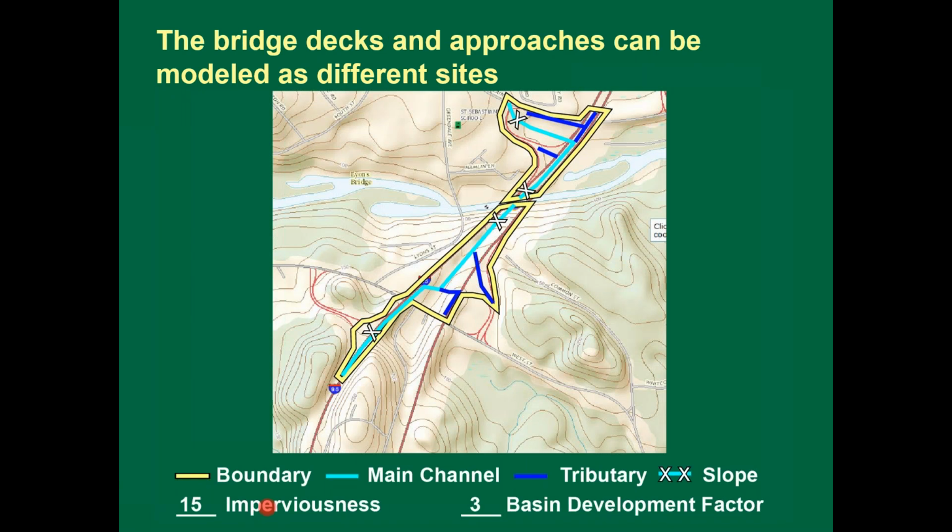So the next case would be, very often it's the bridge deck and some part of the approach that might drain to the stream. This shows a topographic map with I-95, again crossing the Charles River. What we see here as the yellow area would be the area of the two sides of the highway draining to the stream.